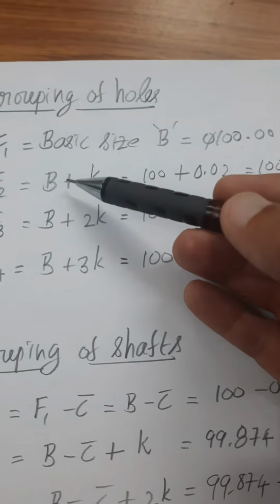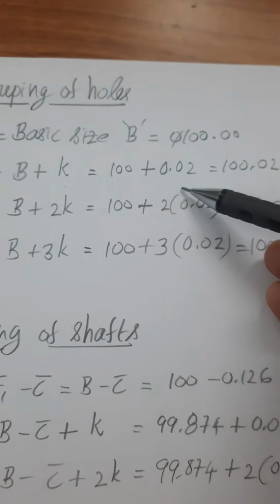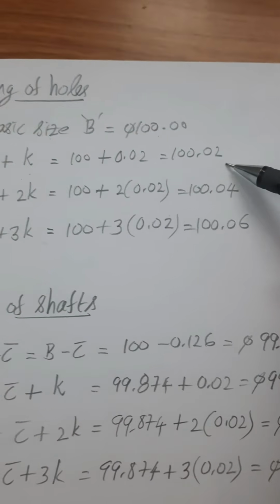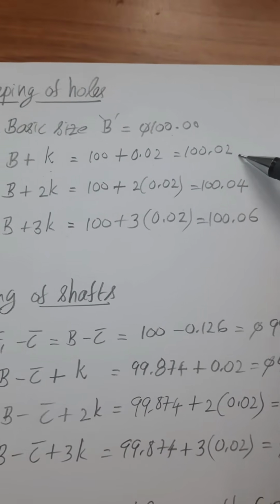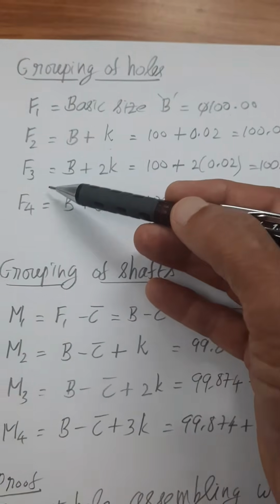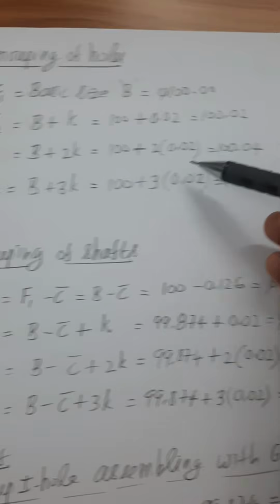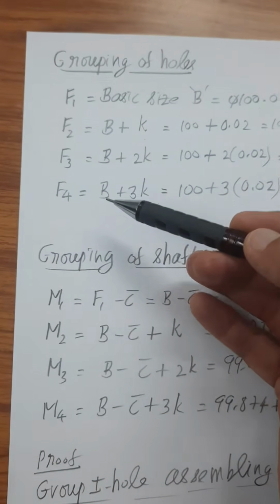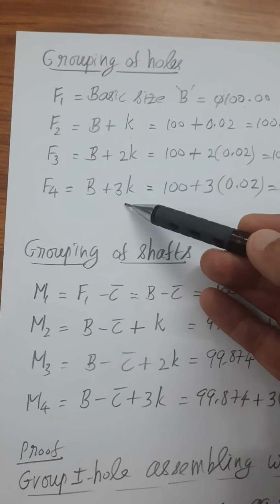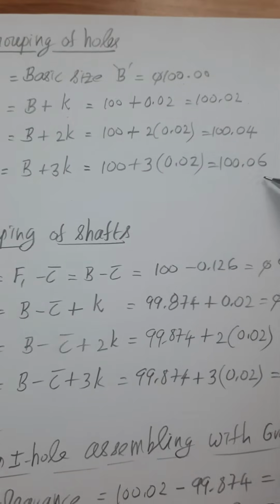So B plus K, 100 plus 0.02, is 100.02. So the F2 limit is 100.02. F3 is B plus 2K, which comes to 100.04. F4 limit is B plus 3K, which comes to 100.06.